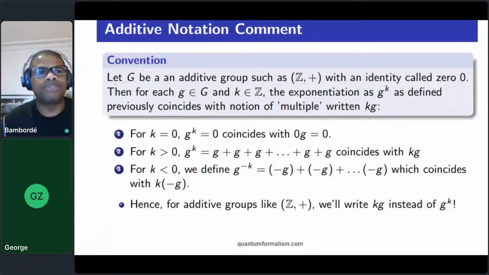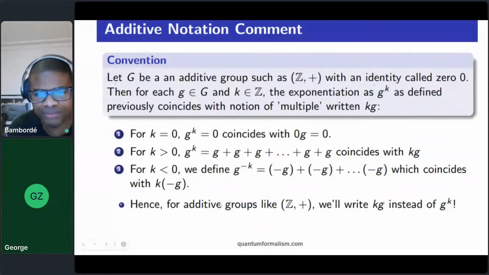This is the same as 2 times 2, so it's a multiple of 2. The same applies when k is negative in the additive case: we are applying the additive negative, adding it k times, which also coincides with k times the additive inverse.